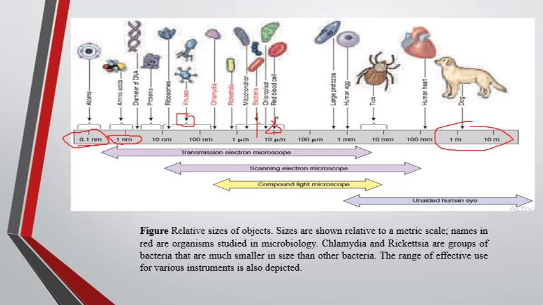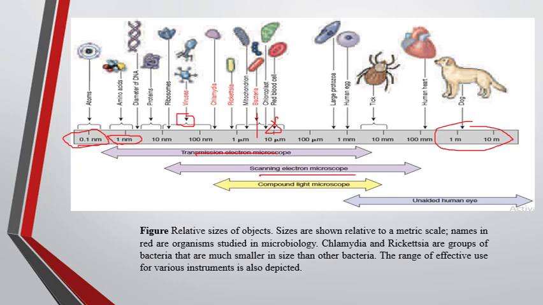So from this figure we get that from 0.1 nanometer to 1 millimeter, we can easily observe objects through the transmission electron microscope. Then from near about 10 nanometer to 100 millimeter, we observe through a specific microscope, that is the scanning electron microscope.